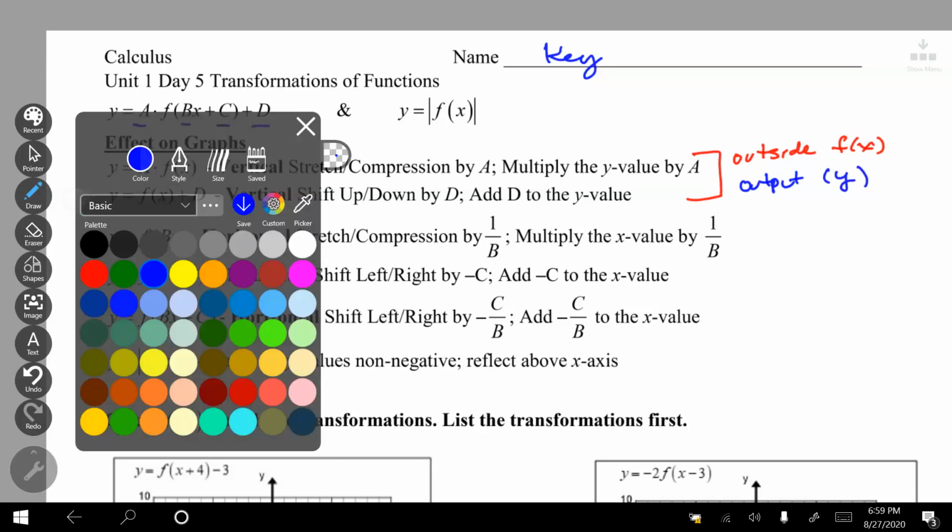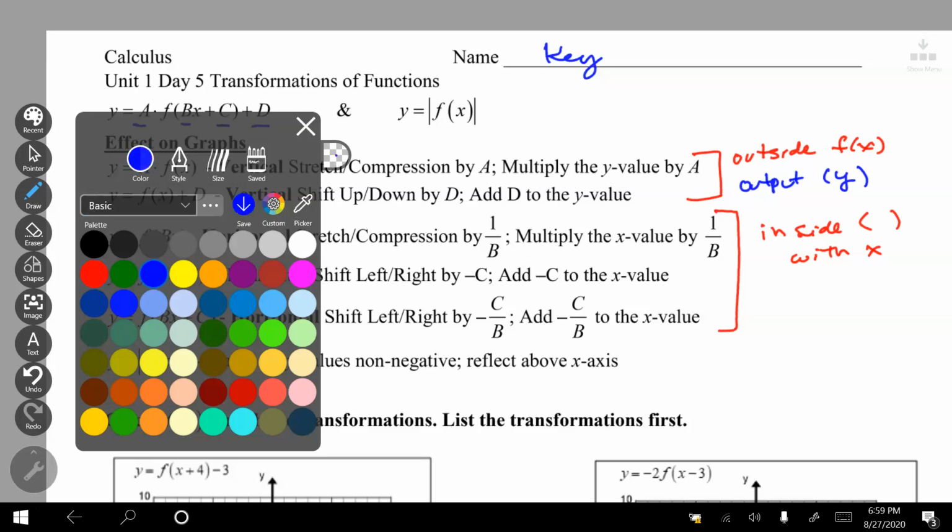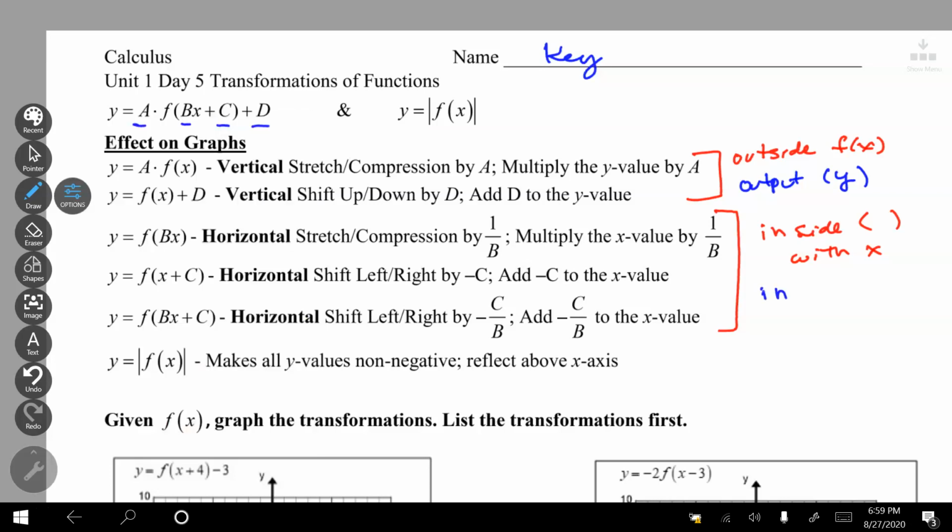And B and C are inside parentheses with x, which means they affect input or the x values.